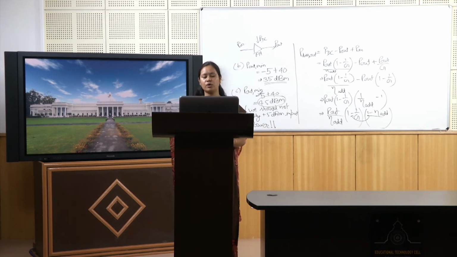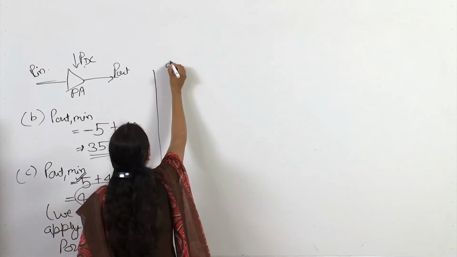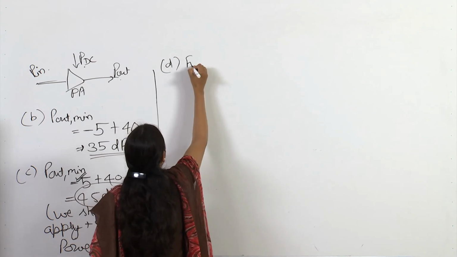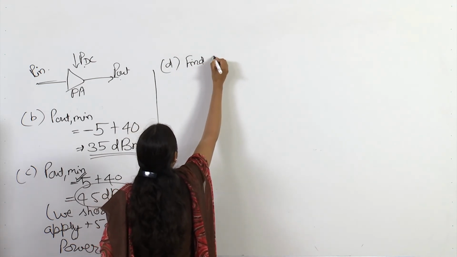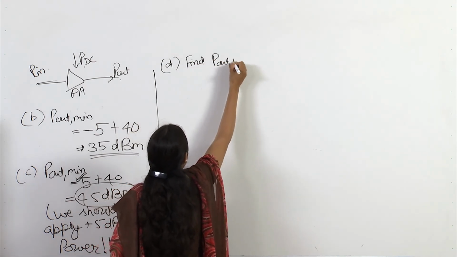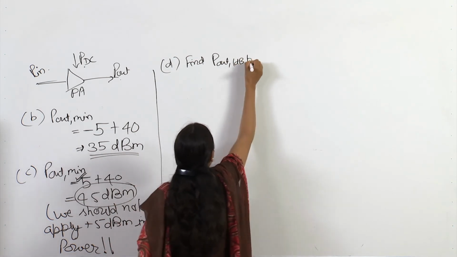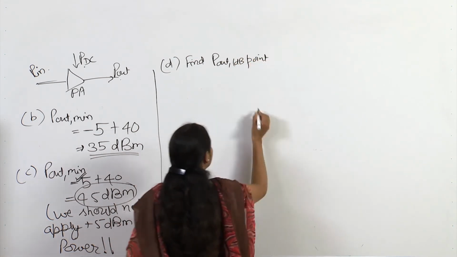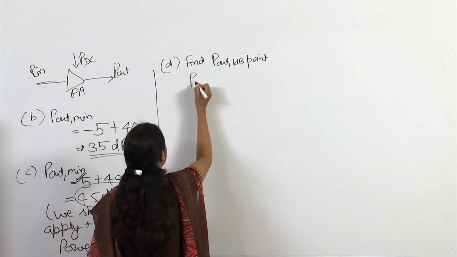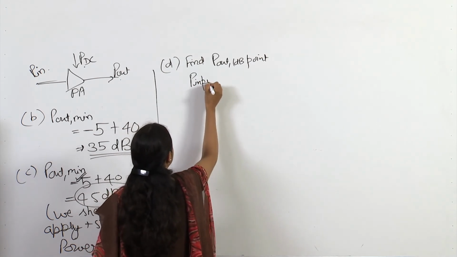So first of all, at 400 megahertz we have to find the 1 dB output power compression point. So D part says: find P out 1 dB point and then calculate the corresponding input power.